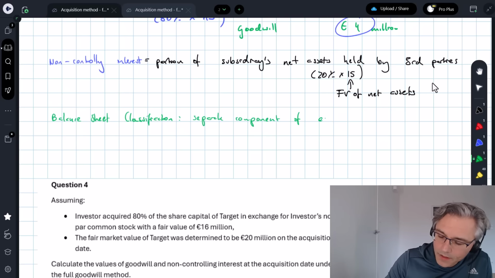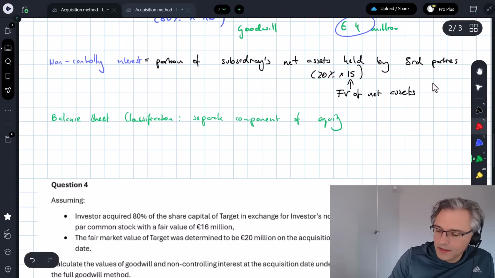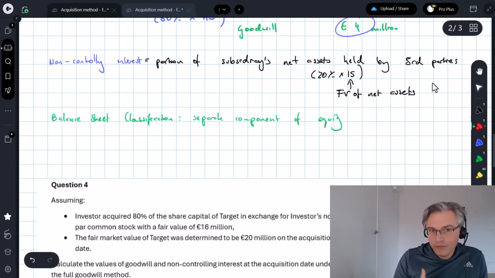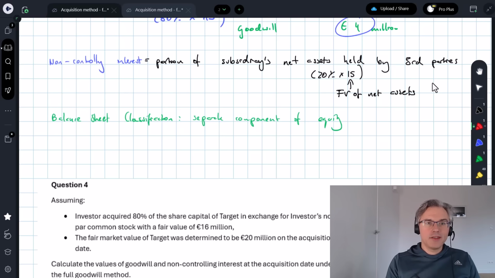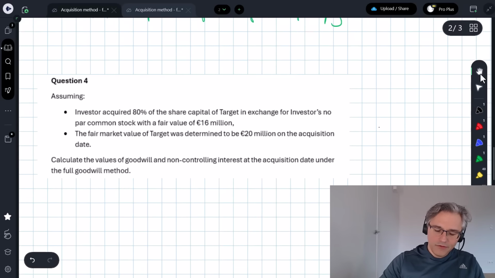Okay. But, as I said, there are two measurements, two ways to measure non-controlling interest, and that's a consequence of how you measure goodwill. So one is this, and let's discuss the next one via question number 4.